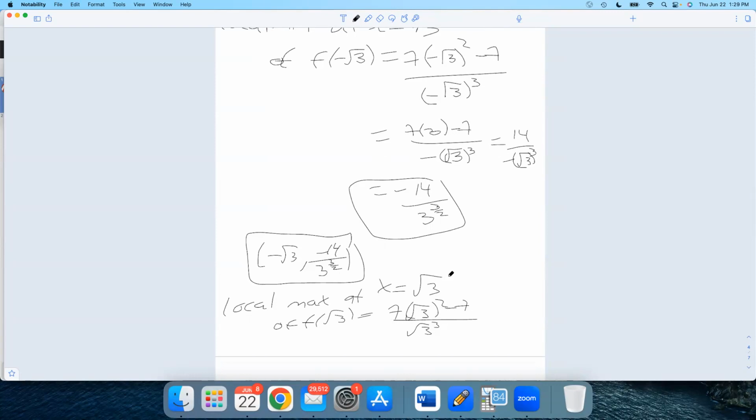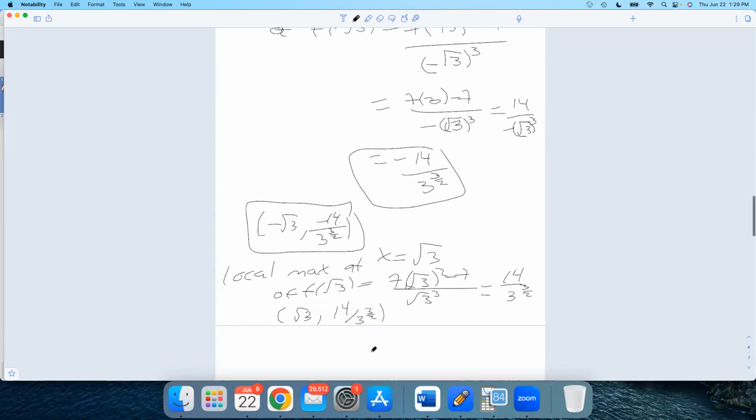Then we're going to get the same thing, only it's going to be the positive version of that. Oh, I wrote that upside down. My power on 3 here is 3/2. So this is my local max. That was root 3, 14 over 3 to the 3/2 power.